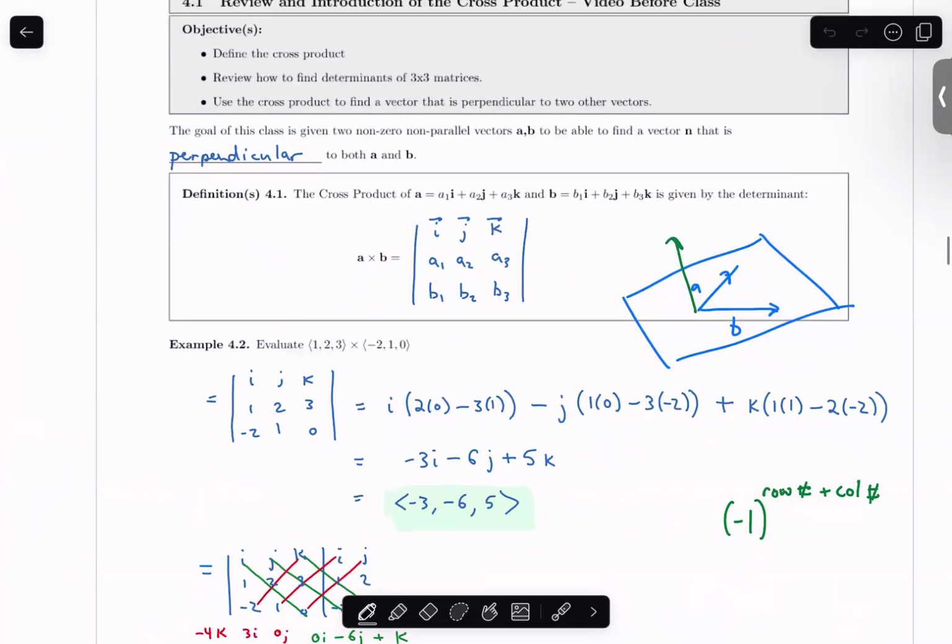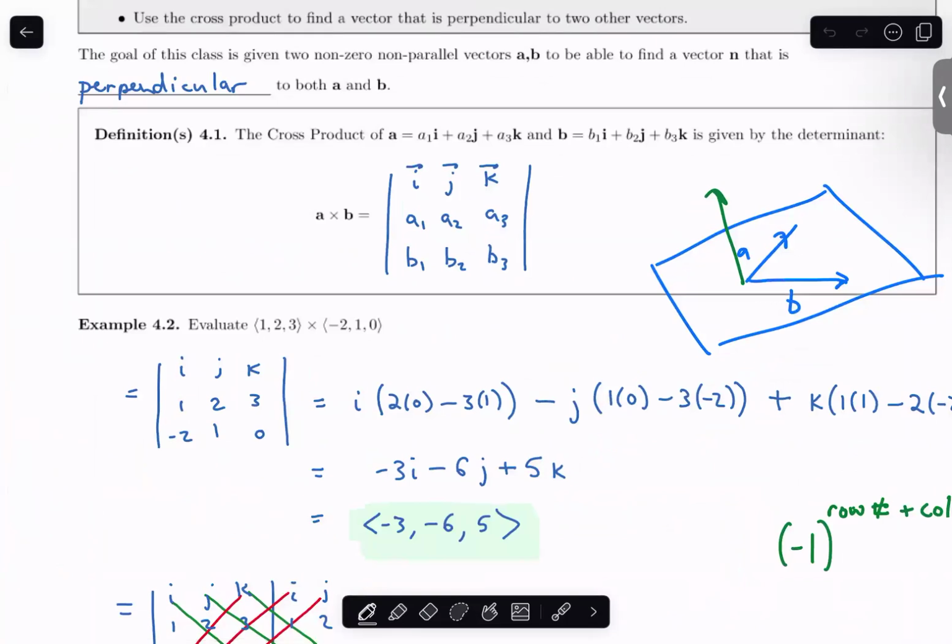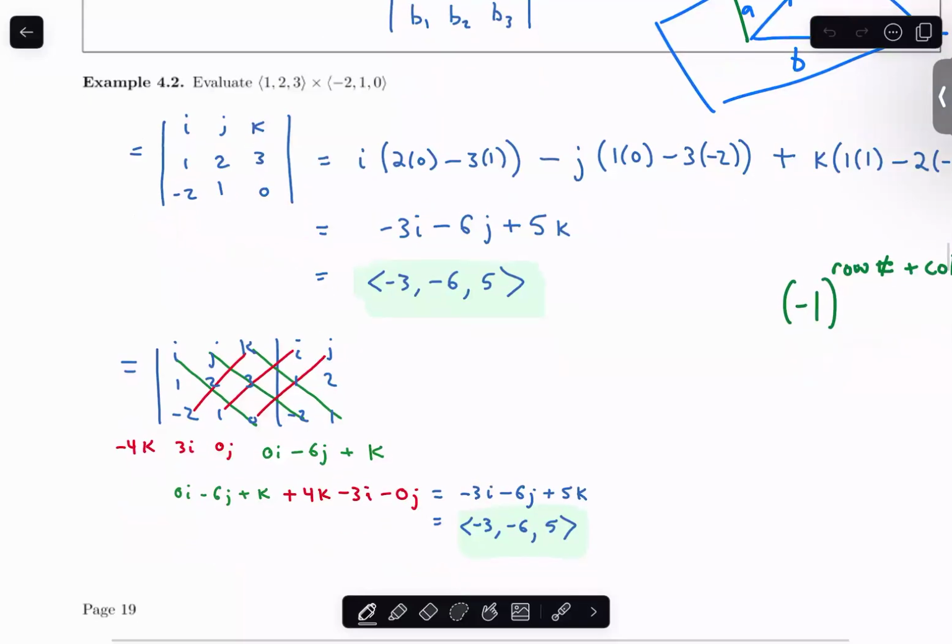When you calculate out a cross product, you do a determinant, a 3x3 matrix determinant here. I do the plus minus plus method. I talked a little bit in the video about how there is another method that you could reasonably do, but the problem is this only works for 3x3 matrices. So if you ever wanted to take a determinant of a 4x4 or a 5x5, this diagonal method doesn't work.